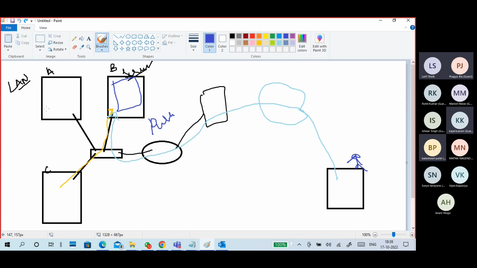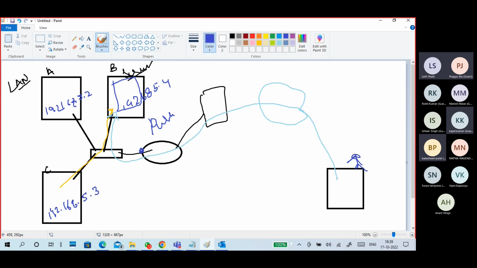Simple: this is 192.168.5.2. Anything I can take. This is 192.168.5.3. This is 192.168.5.4.